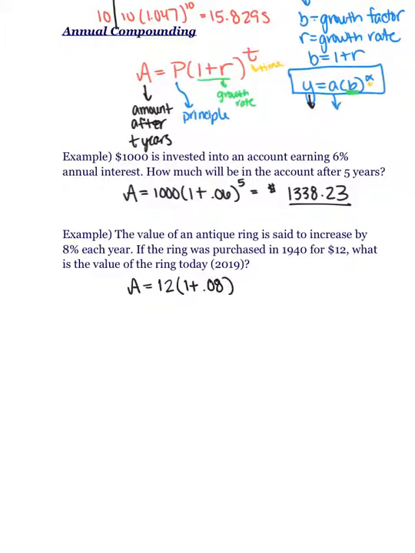And then how much time has elapsed from 1940 to 2019? It's 79 years. So when I plug this into my calculator, the ring is worth $5,243.94. I sure hope that my grandma held on to whatever ring this is.